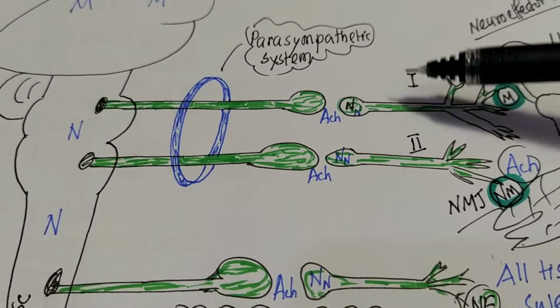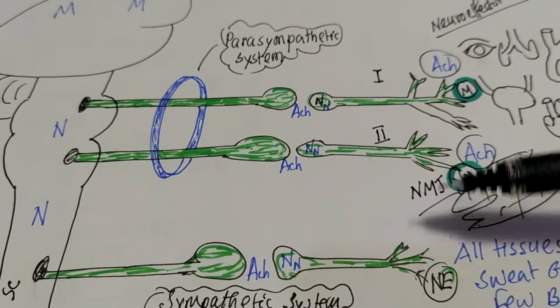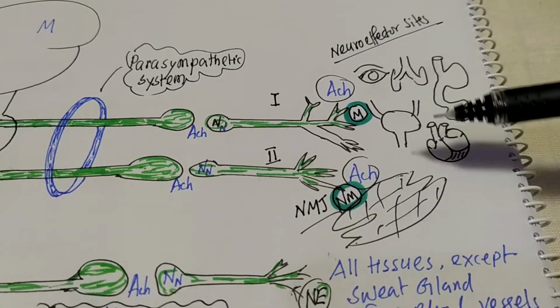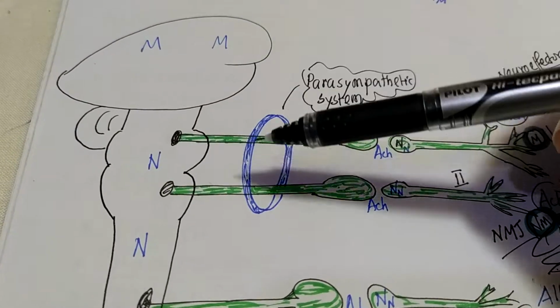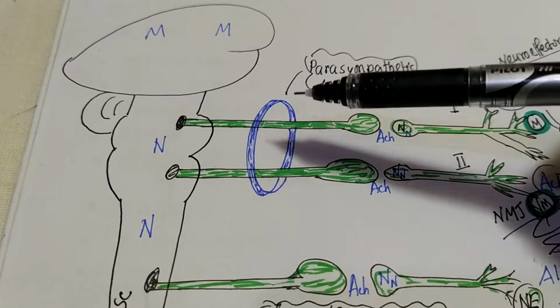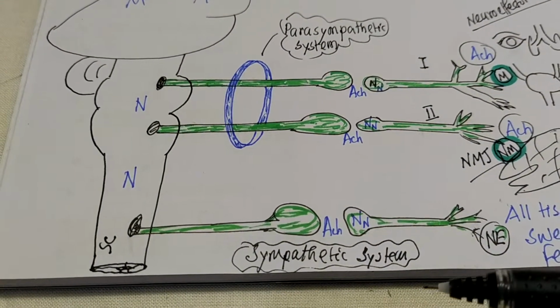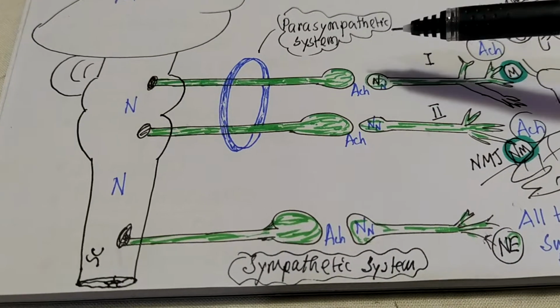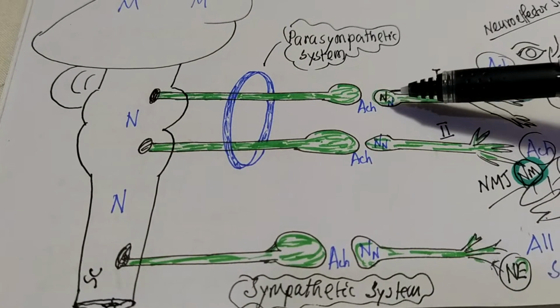Now, these are the postganglionic fibers which supply their respective tissue. Now, again come to the preganglionic system. The preganglionic fiber, both in the parasympathetic and sympathetic system, releases the same type of neurotransmitter, that is acetylcholine.